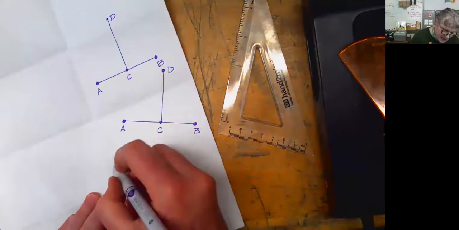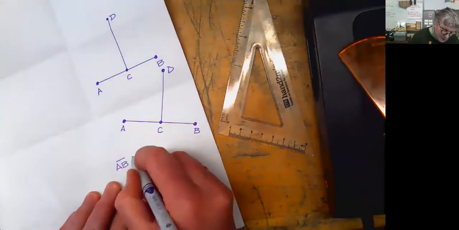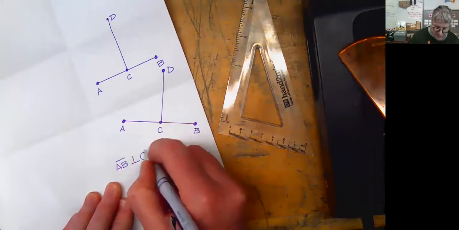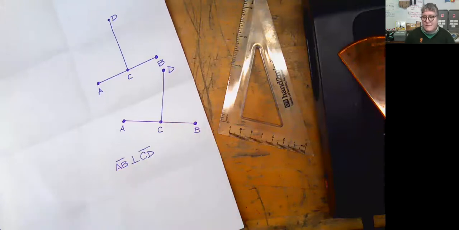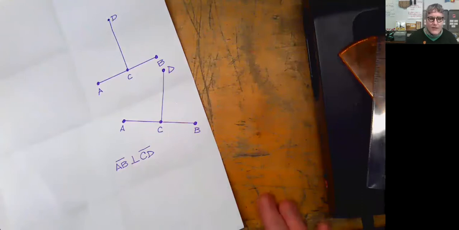So we could say that line segment AB is perpendicular to line segment CD, right? All right. Pretty easy, right?